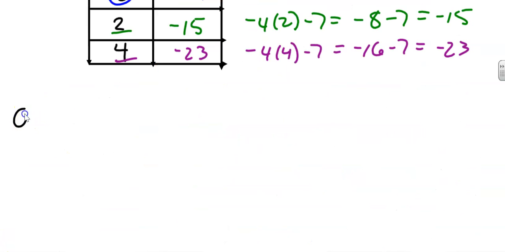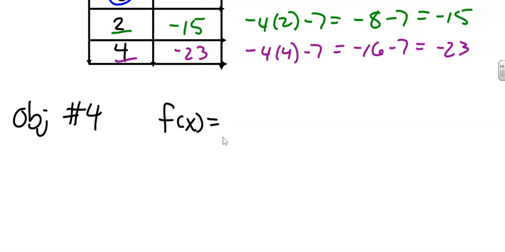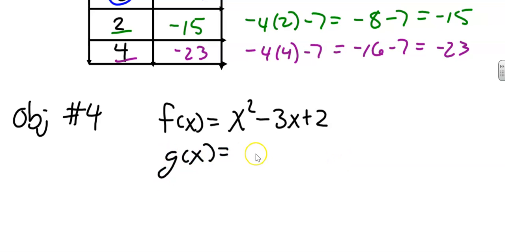Okay, Objective 4 is pretty much the same type of thing, but they kind of go back to the first part they were doing. For one like this, they give you functions, and all they do is take up the powers of the functions a little bit. It may be that f of x is x squared minus 3x plus 2, and then it may tell you that g of x is x to the third minus 10.